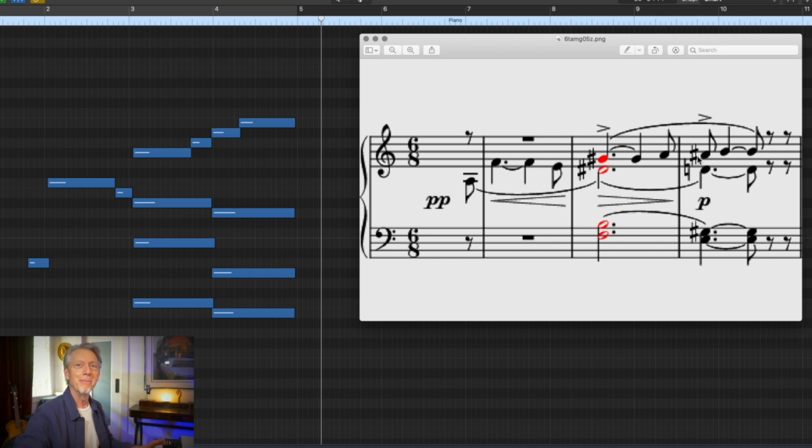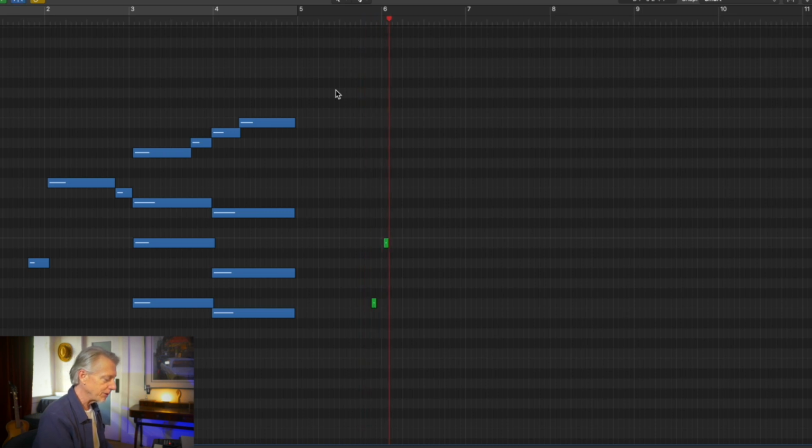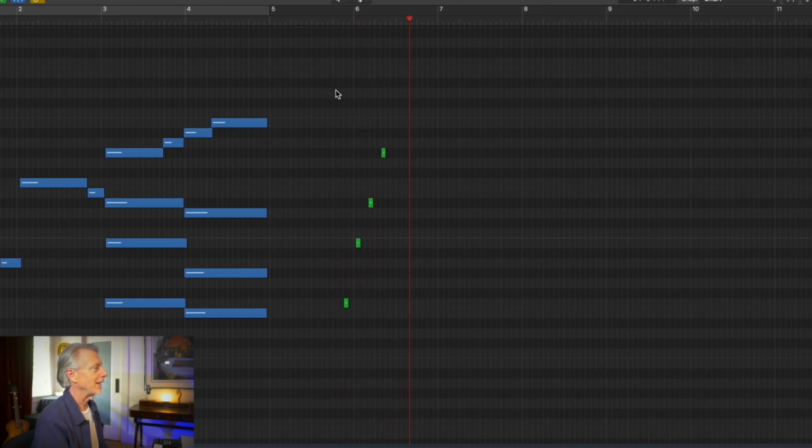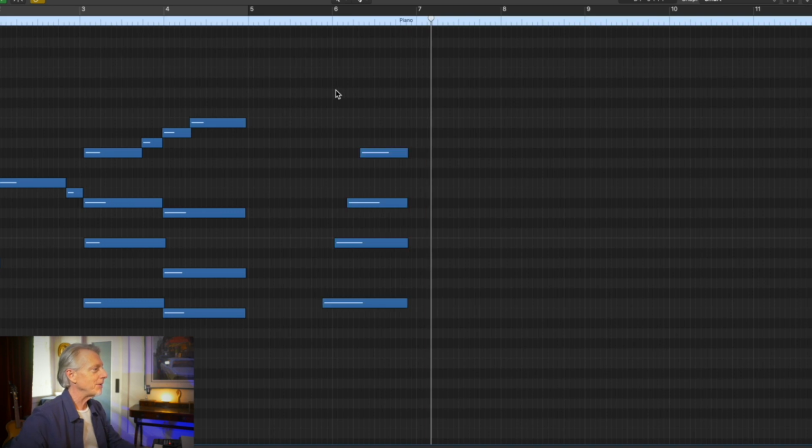Let's look at how it might be used in maybe other contexts. So here's Wagner's notes again. And if you look at them as a stack, these two present a tritone.